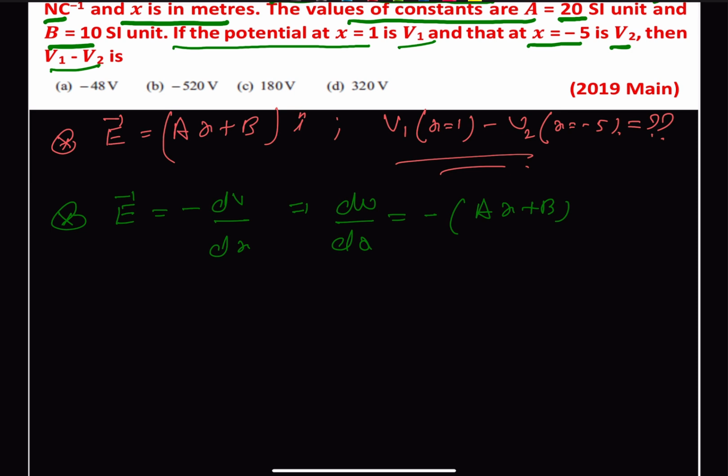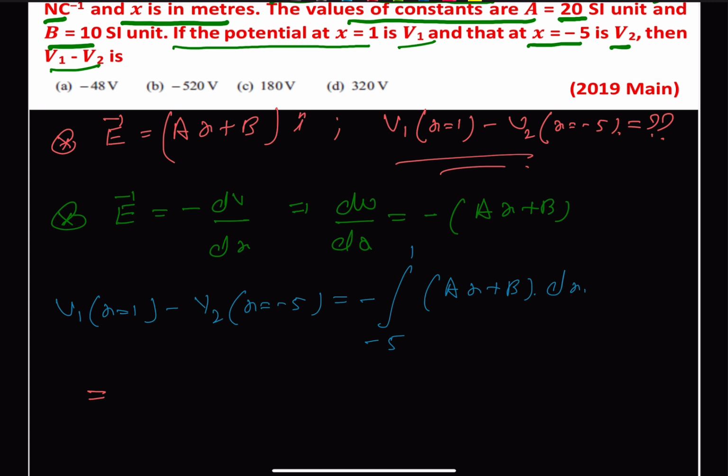So V1 at x equal to 1 minus V2 at x equal to minus 5 will be equal to minus, and the limit of integration will be minus 5 to 1, of Ax + B. A and B are given to us as constants, that is 20 and 10.